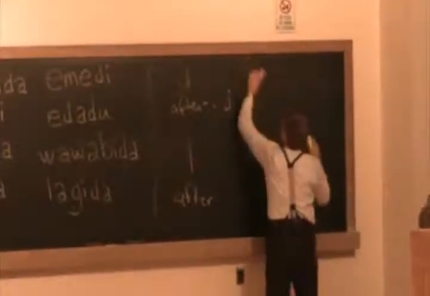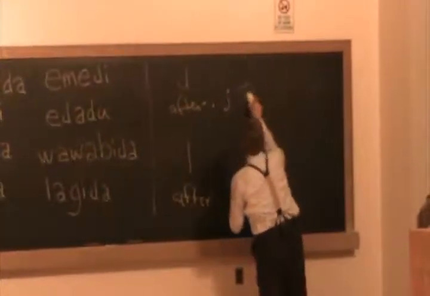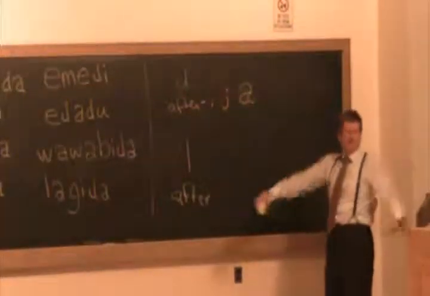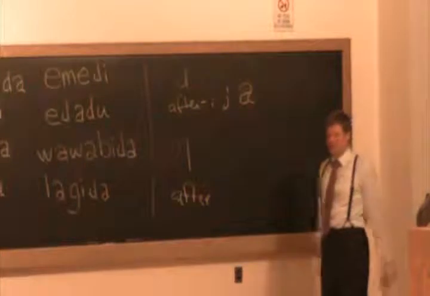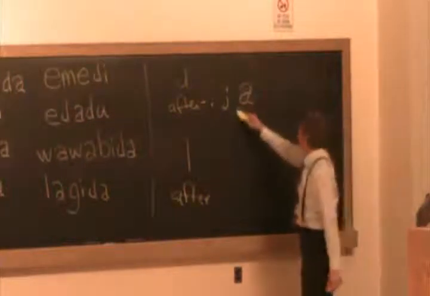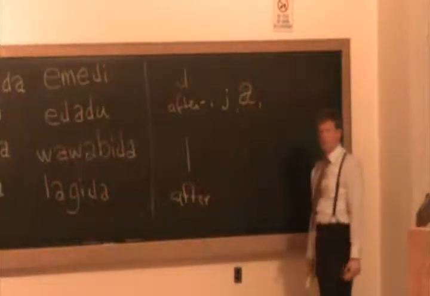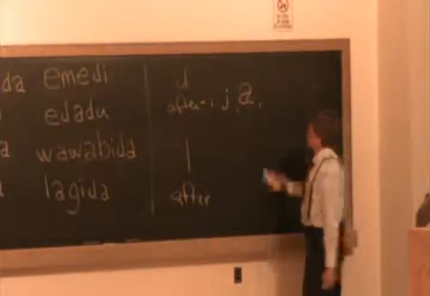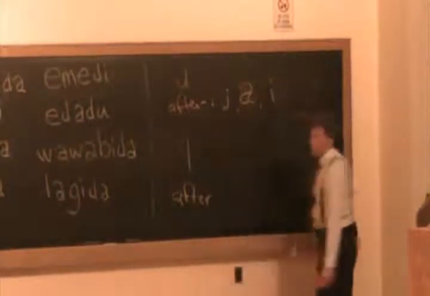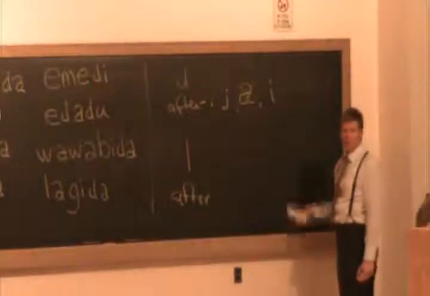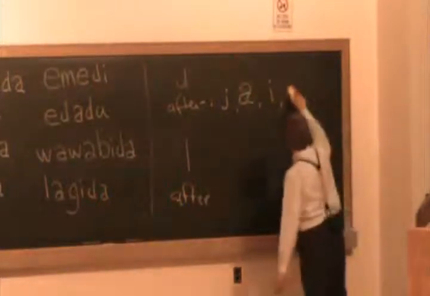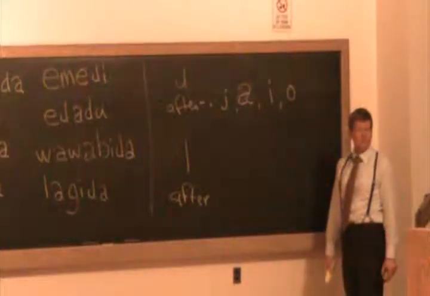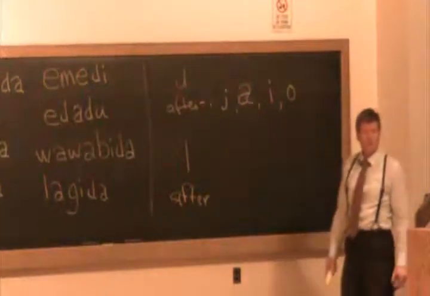Oh, is this the vowel? Okay. You have to get your Bostonian friends on board for that one. What else? Is that all? E. O. Are we done? Have we got them all?